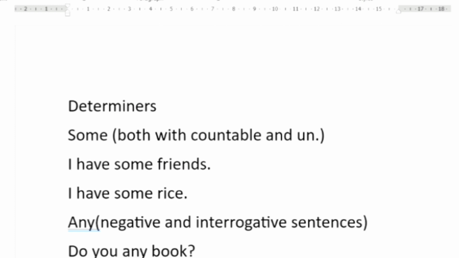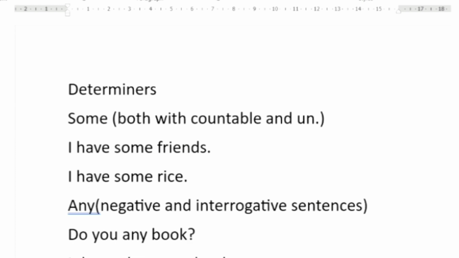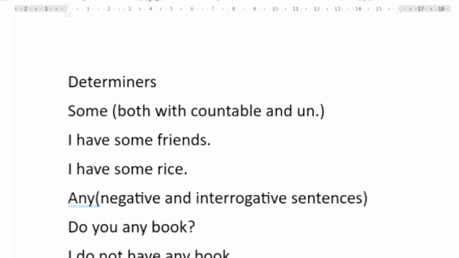So if it is a request, I can use some in an interrogative sentence, or if I am asking such a question whose answer will be yes, then I can use some in an interrogative sentence. Did you buy some clothes? If the answer is yes, then some is correct, or else did you buy any clothes? So this is about some and any.